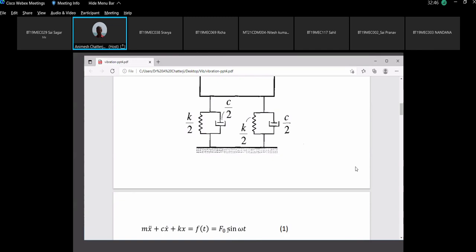Solve this differential equation. How will you do it? You know how to solve a differential equation.